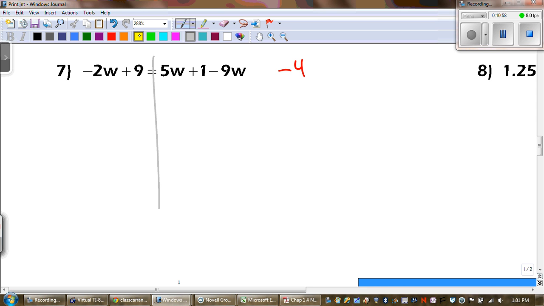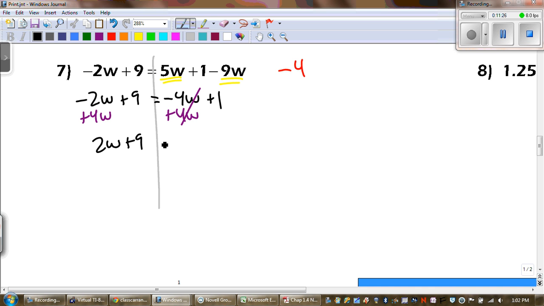So 7, the first thing we got to do is combine our like terms over here. And we get -2w plus 9 equals -4w plus 1. Okay? So which one's the smaller variable? Okay, the -4 is. So I have to move that to the other side by doing inverse operations.